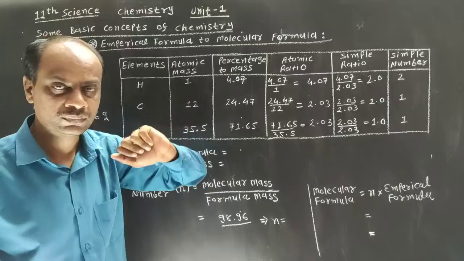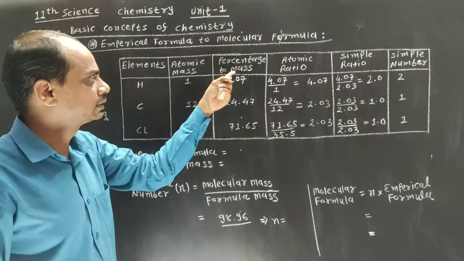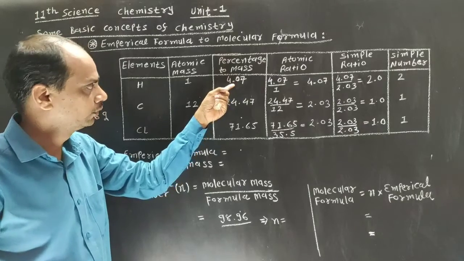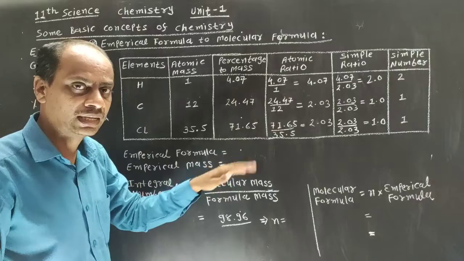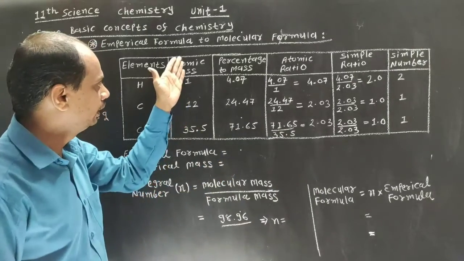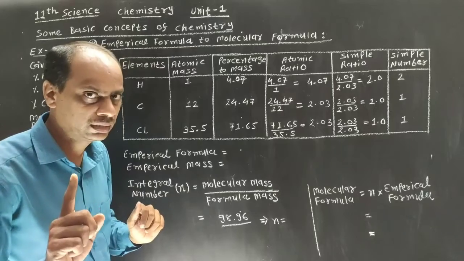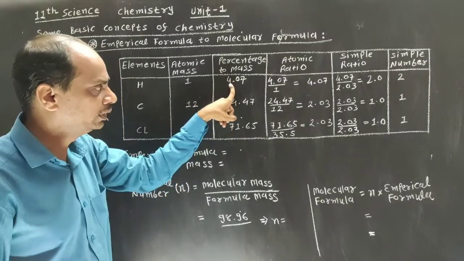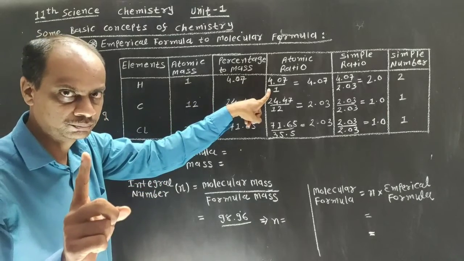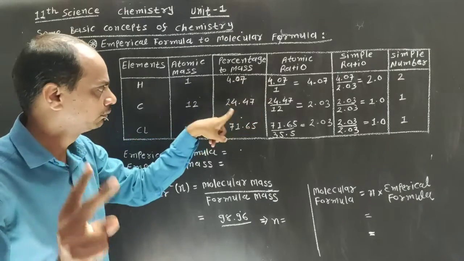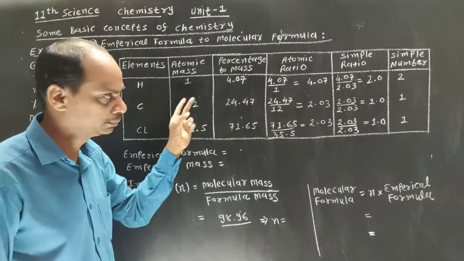Atomic ratio. How can we obtain the atomic ratio? The values of this mass column are divided by the values of column number 2. Am I clear? It means 4.07 is divided by 1. Second, 24.27 is divided by 12.